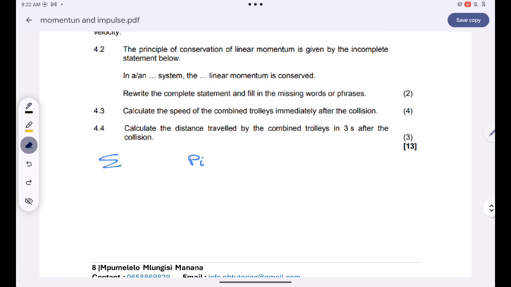On the fourth question, they want us to calculate the distance traveled by the combined trolleys in 3 seconds after the collision. In 3 seconds after the collision, right? There's a formula that says delta x is equal to vi delta t plus 1 over 2 a delta t squared.